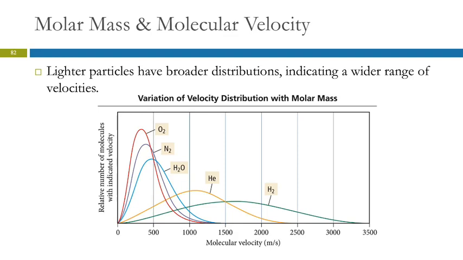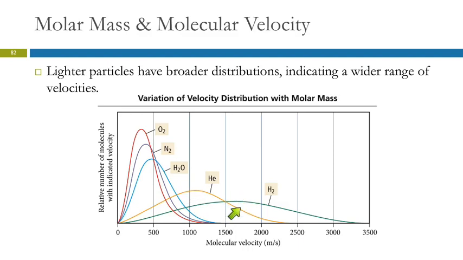So lighter particles move faster. Lighter particles also have broader distributions. So what this graph is showing us is the relative number of molecules with an indicated velocity. Here's the molecular velocities along the x-axis, and we're looking at different gases: oxygen, nitrogen, water, helium, and hydrogen.